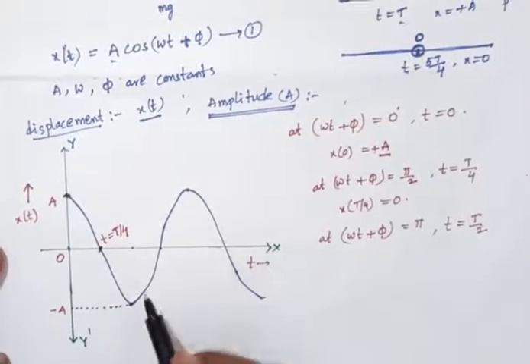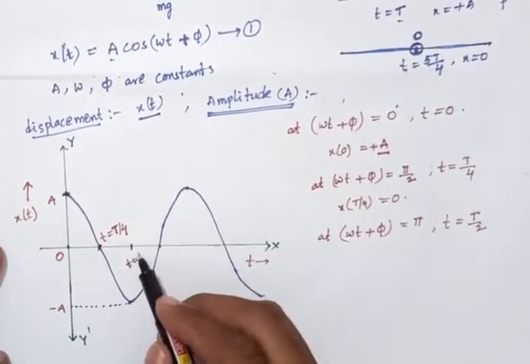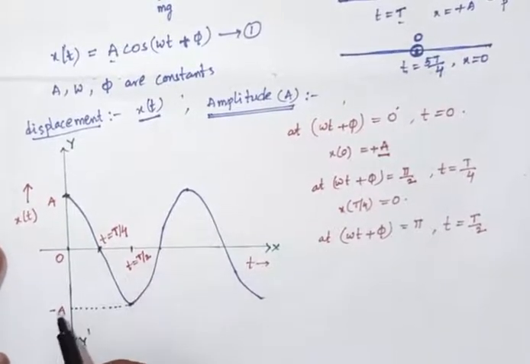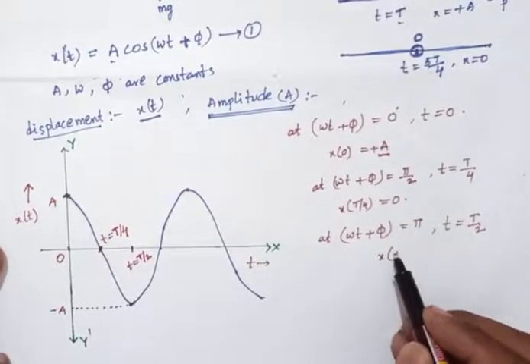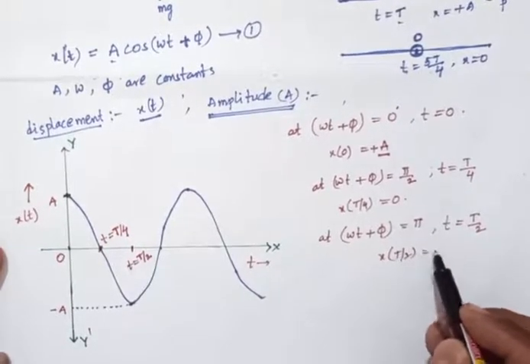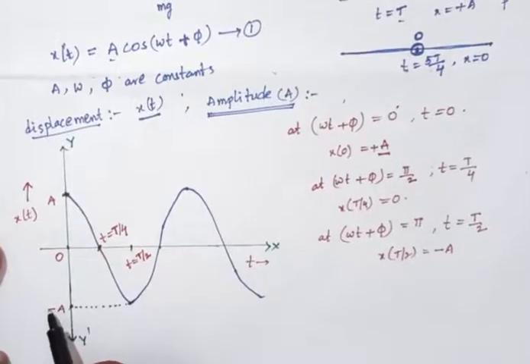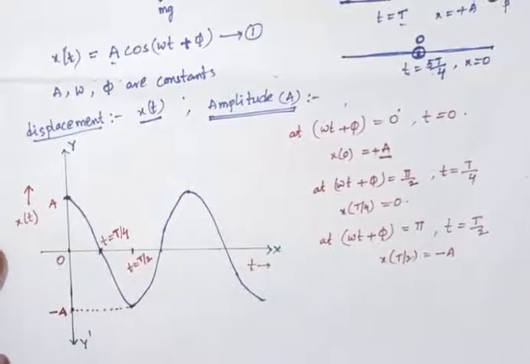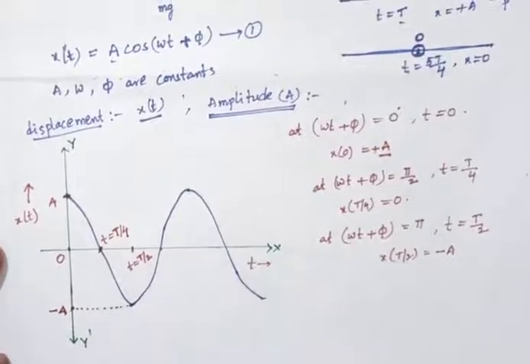At t equals T by 2, x of T by 2 equals minus a, the negative maximum displacement.